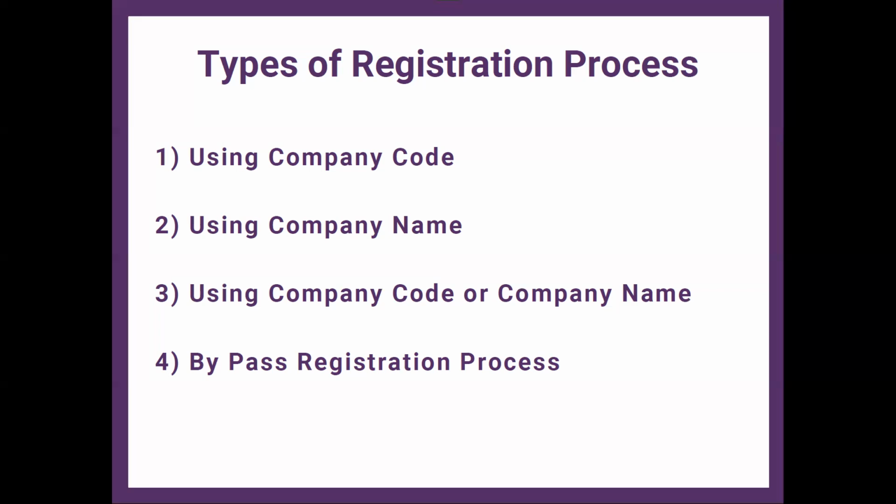And the fourth and final registration process is basically to bypass the complete registration process. In this process, whenever a company is added to the system or added to Probench, the company is assigned a username and password, and not the company's users.